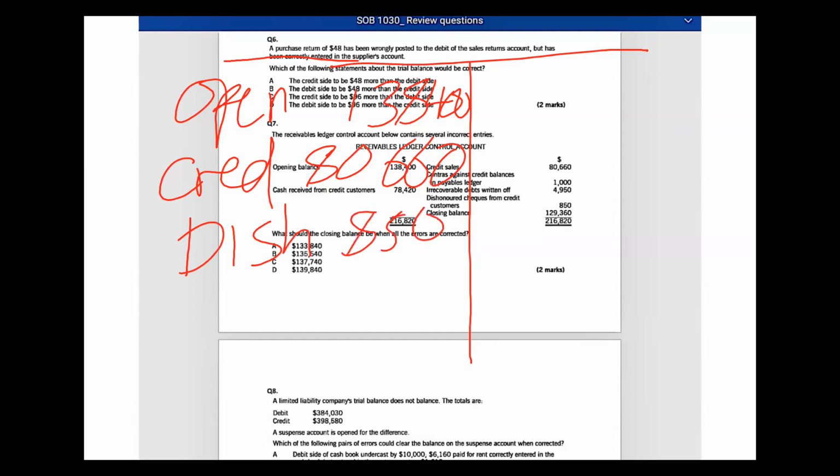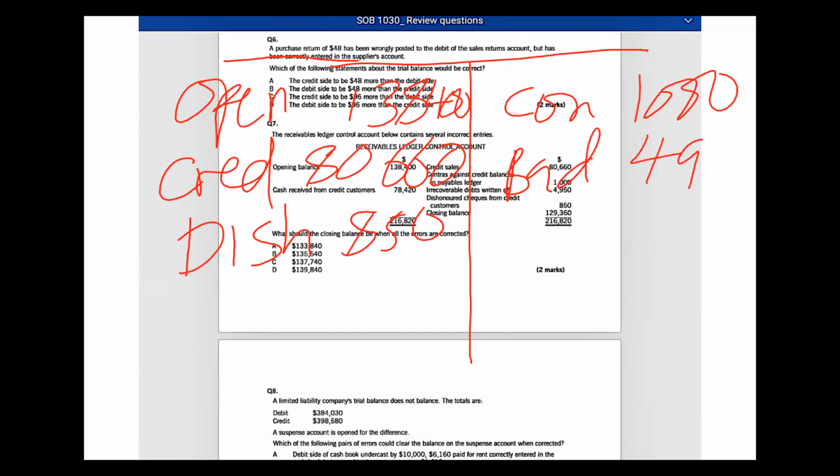Then on the credit side, we had this contra of 1,000 plus the bad debt recovery of 4,950. Plus there is this part, cash received from credit customers.